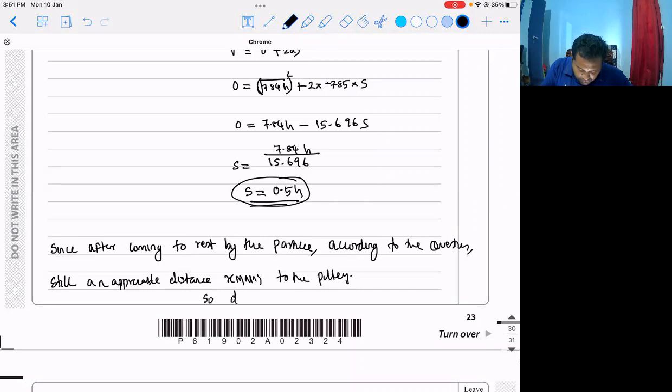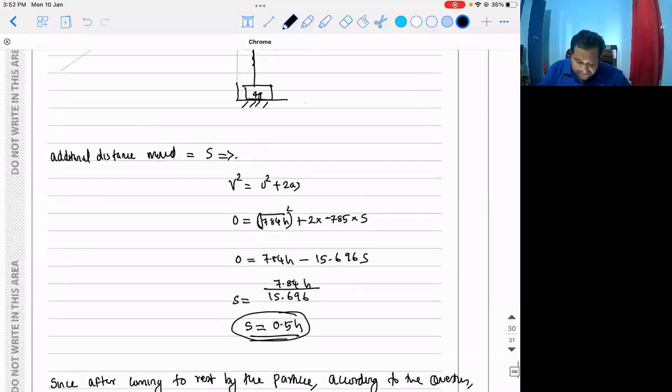So D should be greater than 1.5 h, because this particle A is already traveling h and 0.5 h. So definitely D is greater than 1.5 h. So that is the idea about this question.